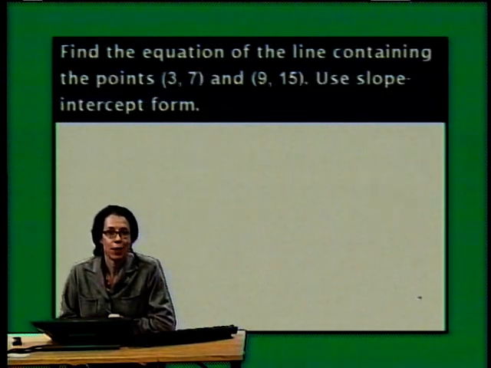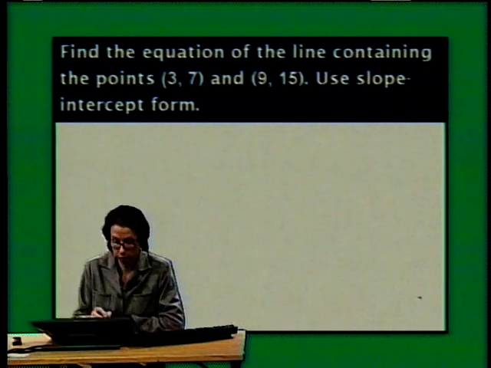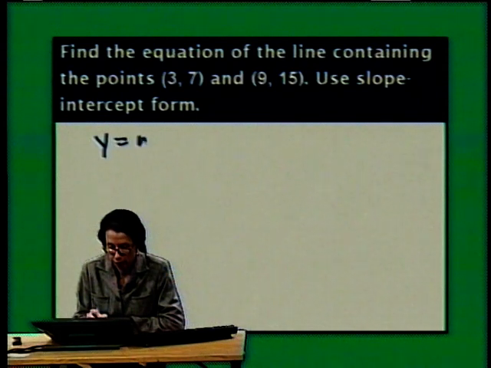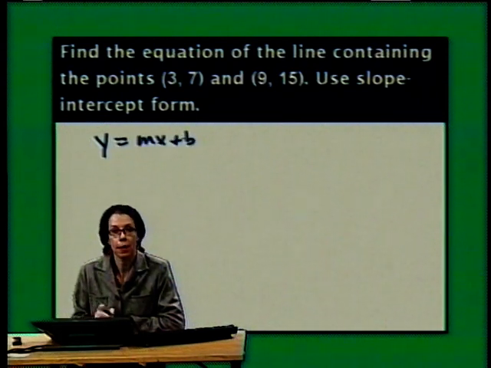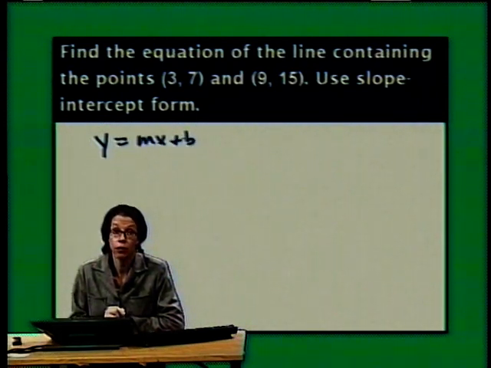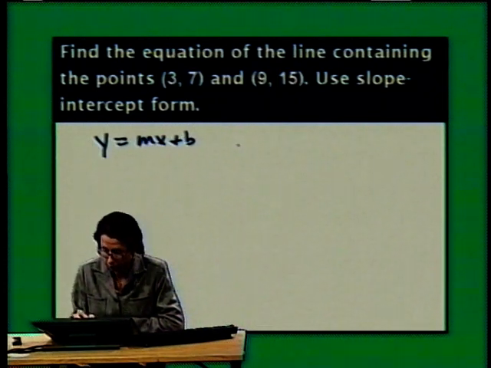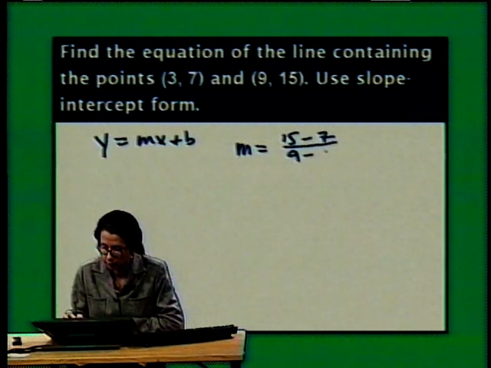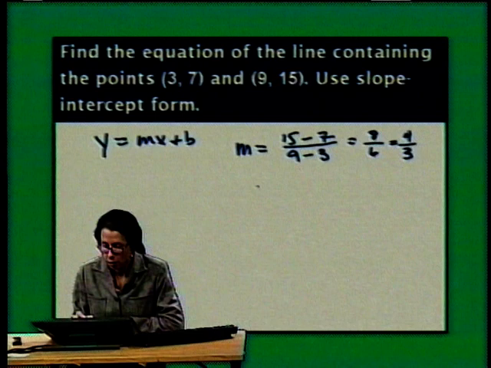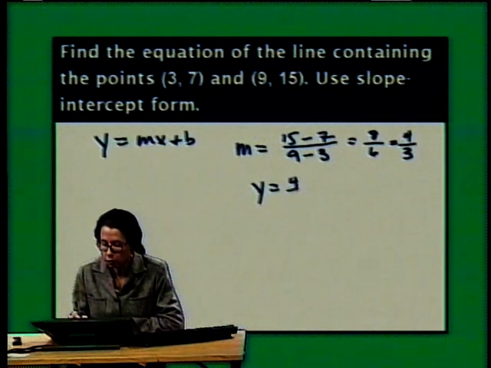So let's do this again. Now I want to find the equation of the line containing these 2 points. y equals mx plus b. I have 2 points. The thing I can do first is determine the slope. So the slope is going to equal the difference in the y values over the difference in the x values. So this is 8 over 6, which is 4/3. So I know that y equals 4/3 x plus b.